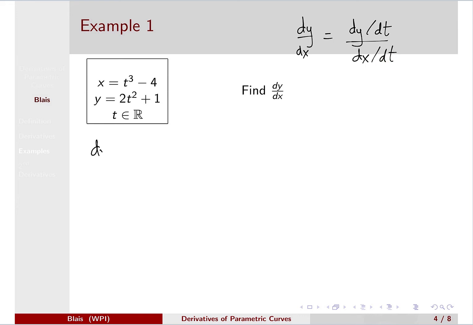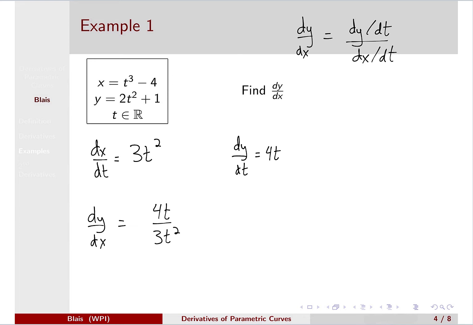So first we have dx/dt. Differentiating the first parametric equation with respect to t gives us 3t squared. Differentiating the second parametric equation with respect to t gives us dy/dt is 4t. And then we can apply our result here to say that dy/dx is dy/dt, which is 4t, over dx/dt, which is 3t squared, and we get 4 over 3t.